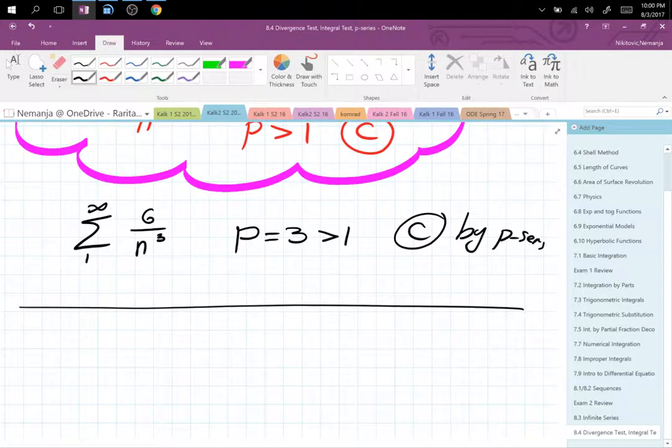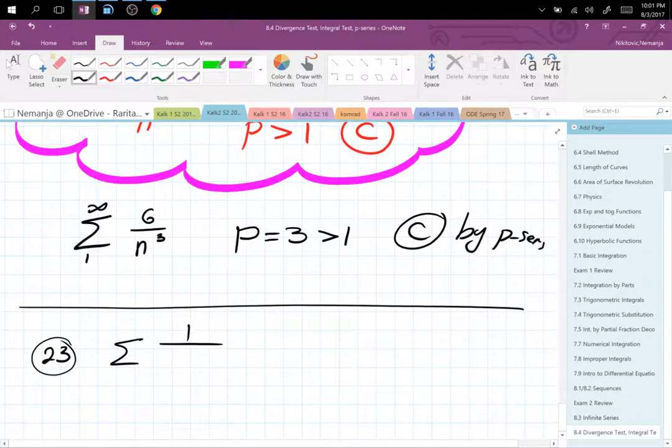This is a cool one, in my humble opinion. Problem 23. Summation of 1 over square root of k plus 8 from 0 to infinity.